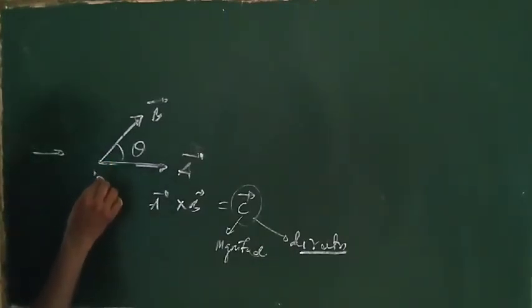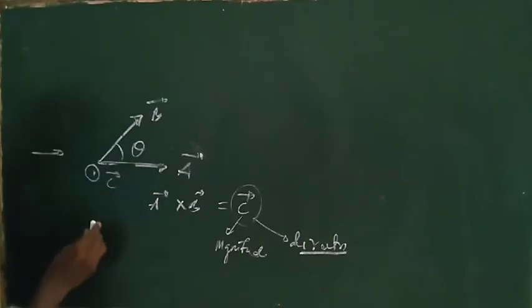So you can write here this point is vector C, which is coming in the outward direction.